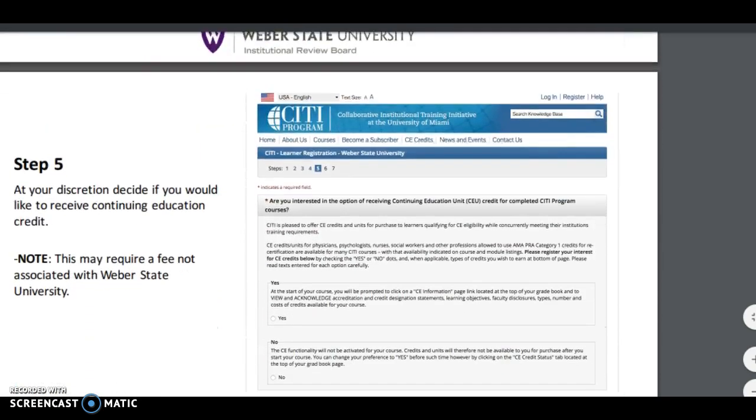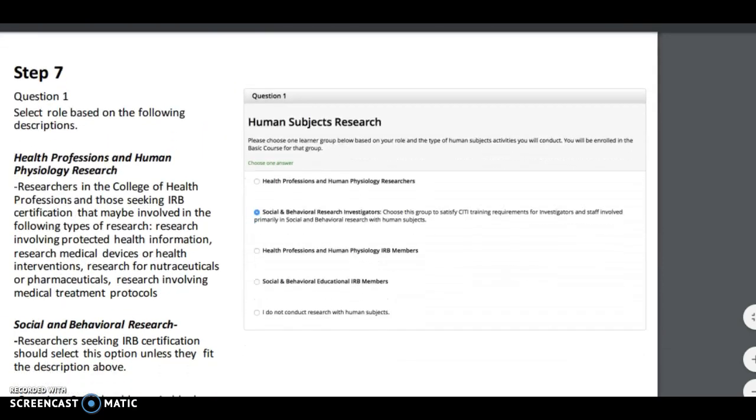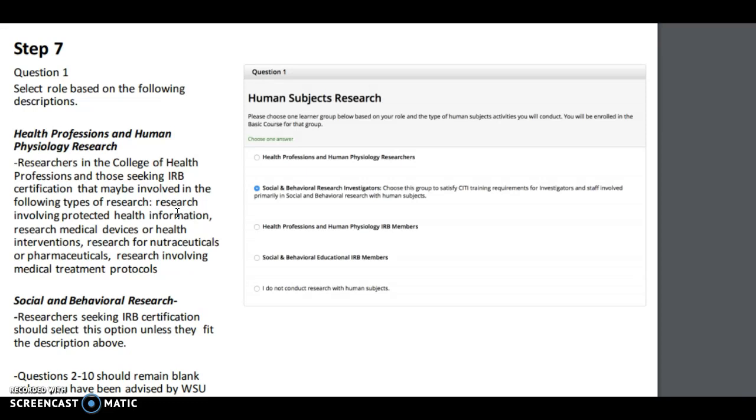However, when you get down a ways, keep scrolling and scrolling, when you get down to step 7, this document that you're looking at right now is put out by Weber State as a whole. This certificate is done by bachelor's level students throughout campus, and so when it clicks right here, it says social behavioral research. That is not what's applicable and appropriate for us in the School of Nursing.